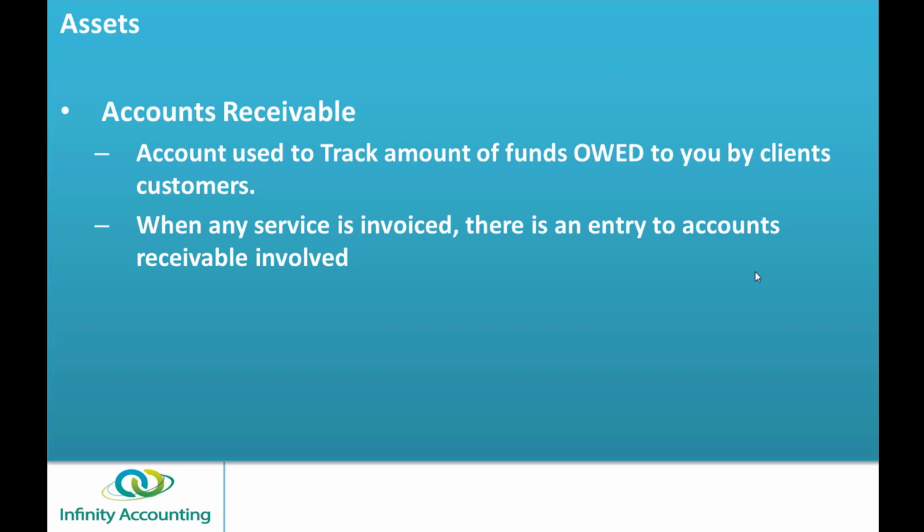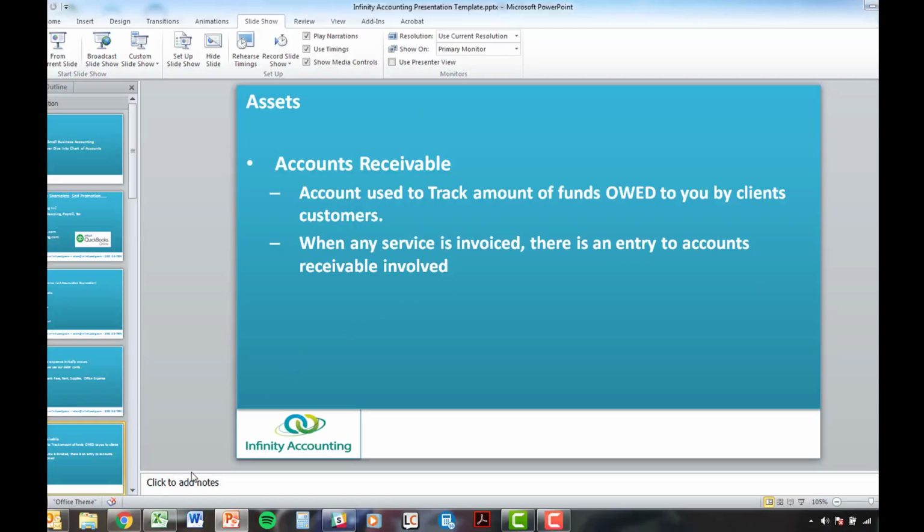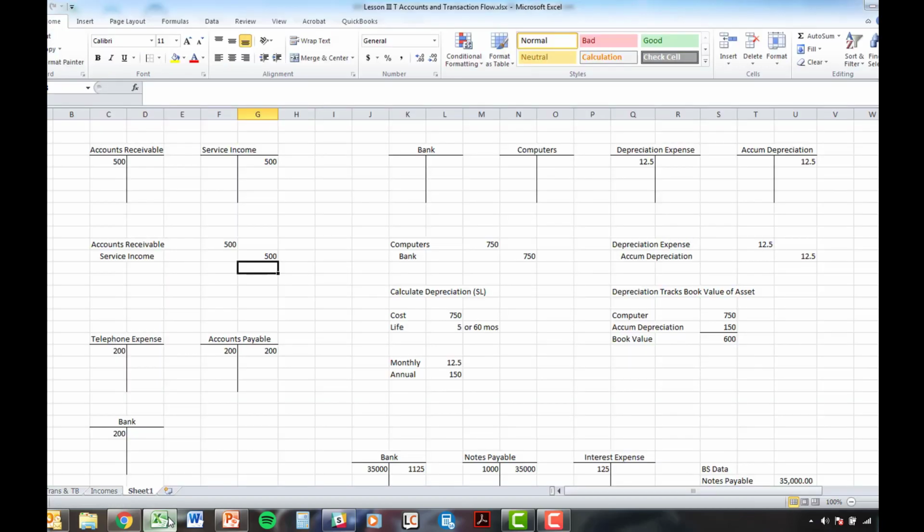I wanted to show you how that looks from a T account point of view. This is the bare bones of accounting, the concept of what T accounts look like. I have a little T account set up here with accounts receivable and service income. Let's say we did a service for $500.